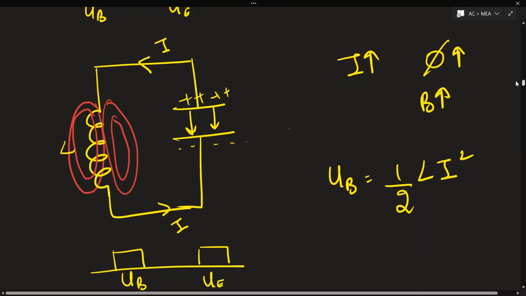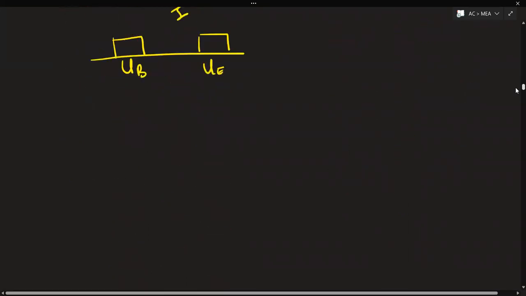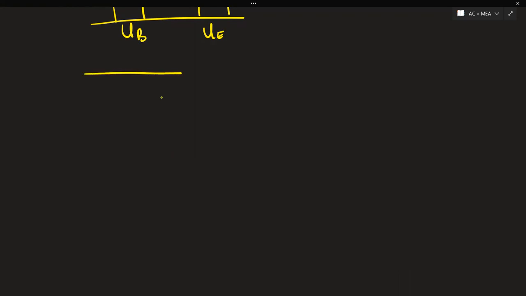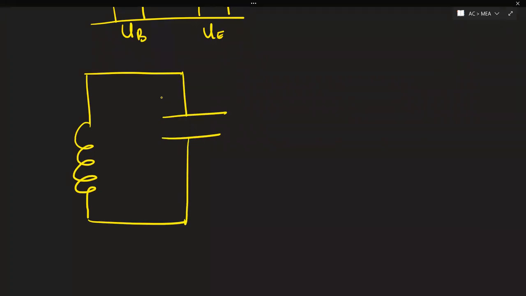Now, continuing with the story, what happens next? At a later instant, the capacitor gets fully discharged. This means all the charges that were present within the capacitor have now gone out of it, because the capacitor initially started discharging. It's like if you have a bottle full of water.